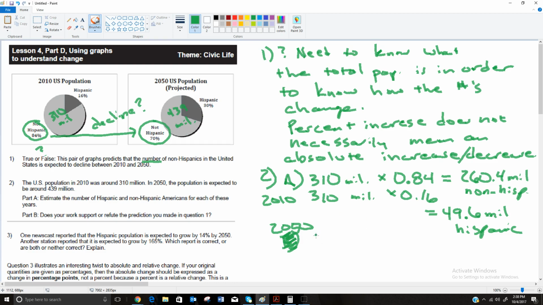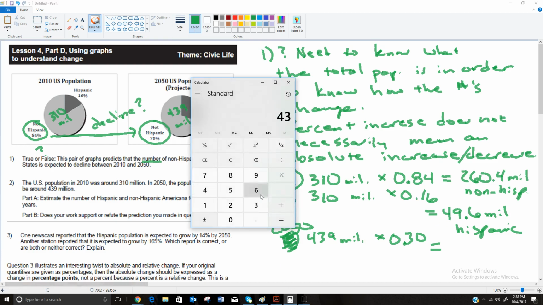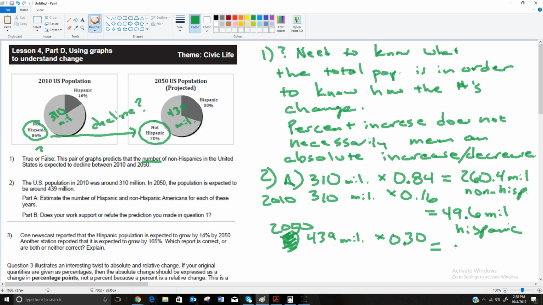So we have 439 million, and for the Hispanic population, it's supposed to be 30%, and so that would give us 439 times 0.30, or 0.3 would get you the same thing, is 131.7.